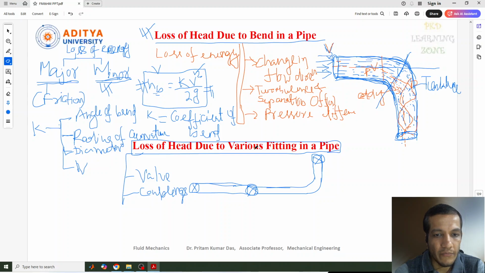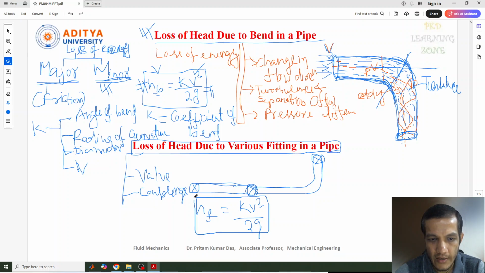For this we can write hf, since various fittings are there: hf = kV square by 2g, because both are similar things.